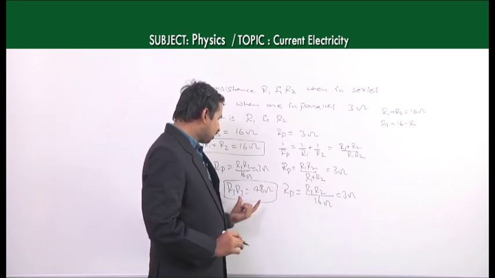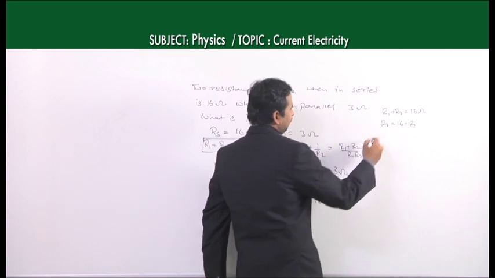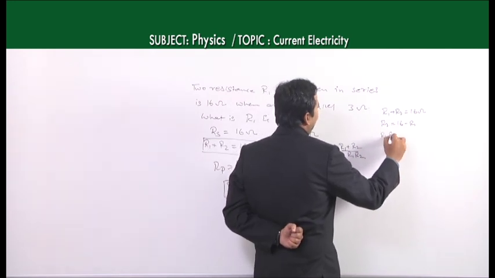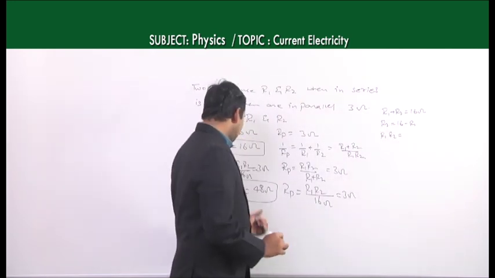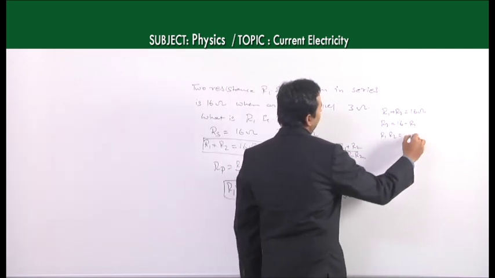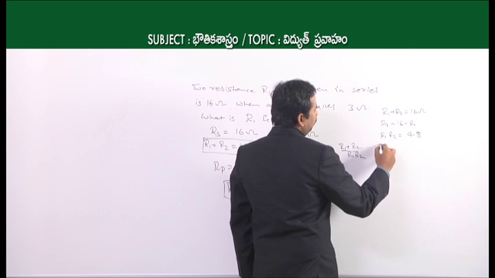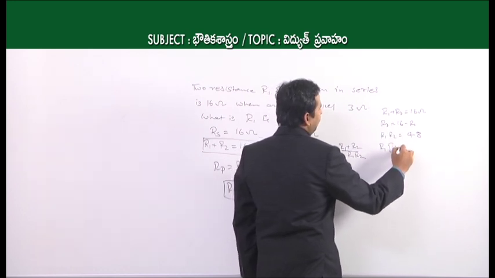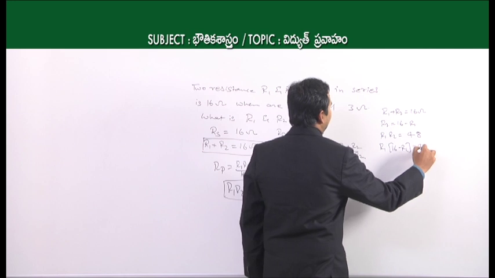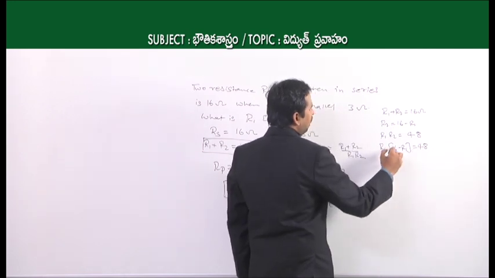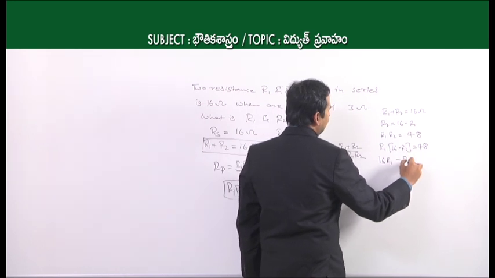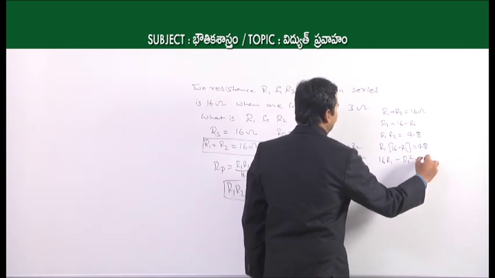And we also know that their product is 48, so R1 into R2 is equal to 48 ohms. From this you can write R1 into 16 minus R1 is equal to 48. Then 16 R1 minus R1 square is equal to 48.